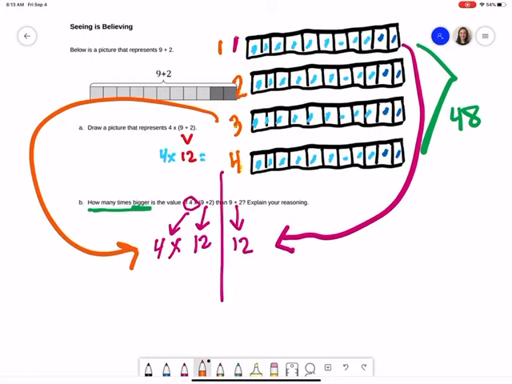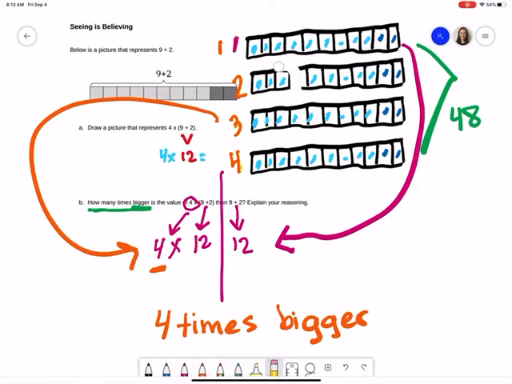So it is 4 times bigger, okay? Because instead of having one group, we have 4 groups. Okay? And we can see that in the picture. All right.